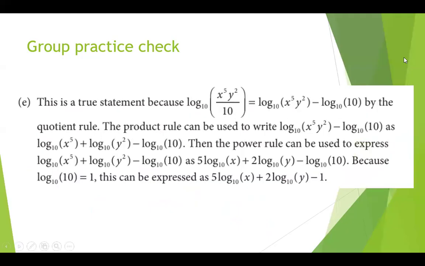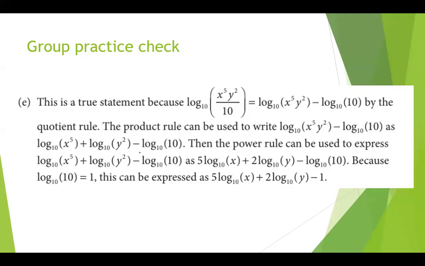All right, on E. On E, you're working from top to bottom. So on the top, you have log base 10 of x to the 5th times y squared, minus the bottom, which is log base 10 of 10. And then you would keep separating. This is going to separate through product and then by power, right? So product means I'm going to separate and become 2 logs.